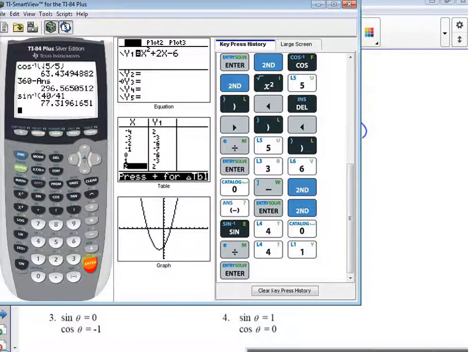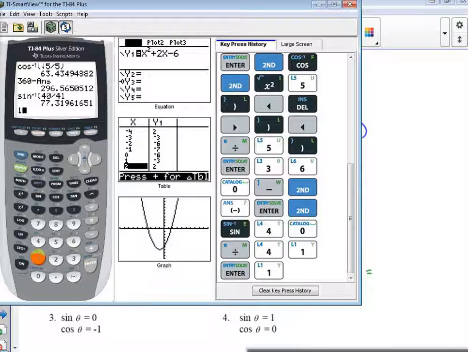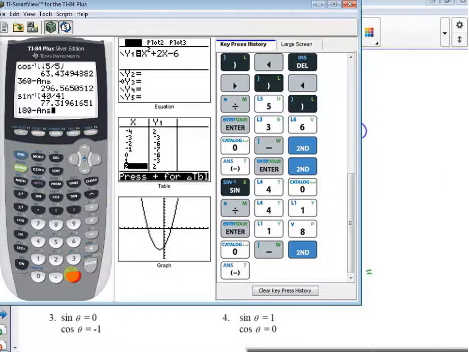So 77.32. And if I want to know the measure of angle ROP, I should just be able to do 180 minus 77.32. So 102.68.